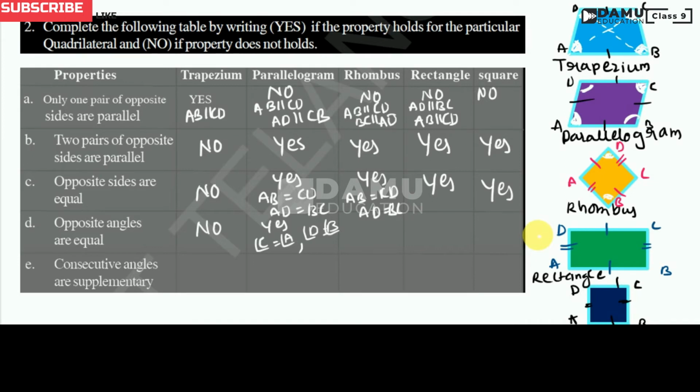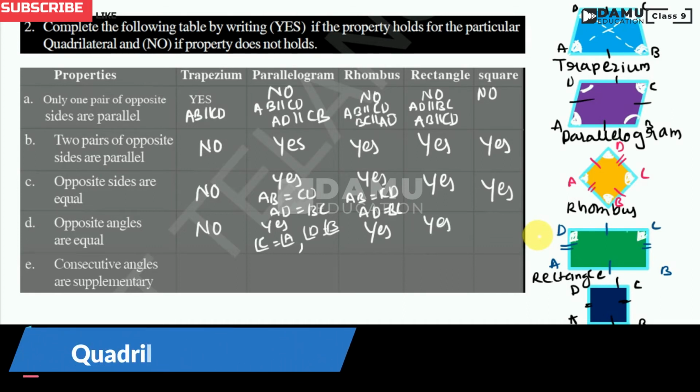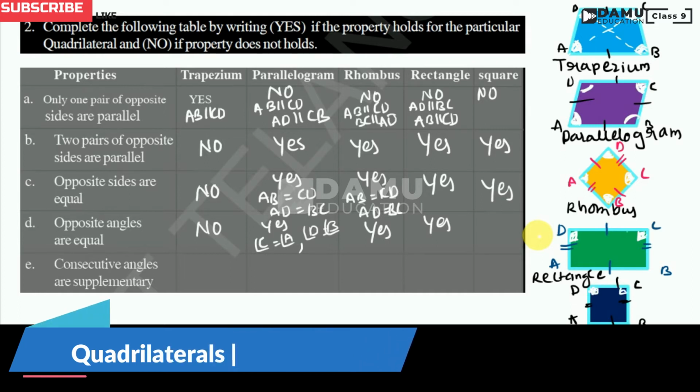Opposite angles are equal in the quadrilaterals if the sides are parallel or if the sides are equal, then it is yes. Same like this, angle A will be equal to angle C and angle B to angle D. In rectangle, always it is yes. Why? Because all angles are right angles. In square also like that. All the angles are right angles. So what you can write? Yes.